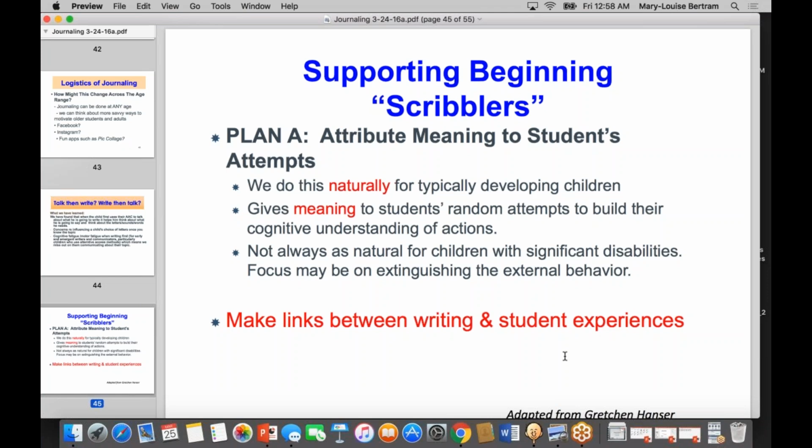No, it was Nana. So Mary-Louise attributed meaning, saying, oh, were you with your mom? M stands for mom. And even though the answer is no, that was a little teachable moment for her to teach in a really authentic way that M stands for mom.